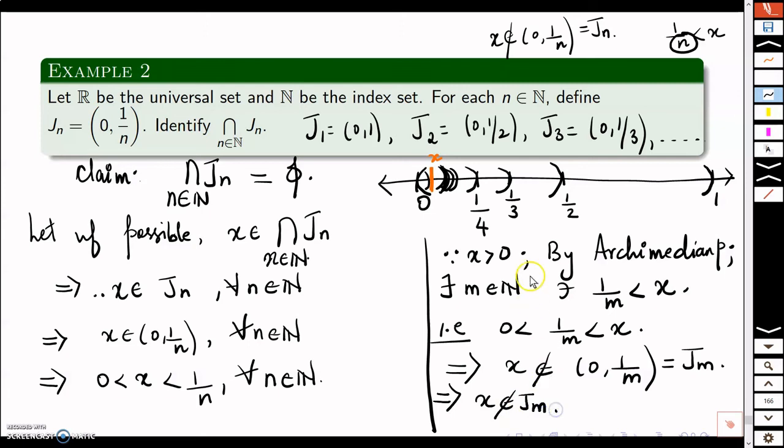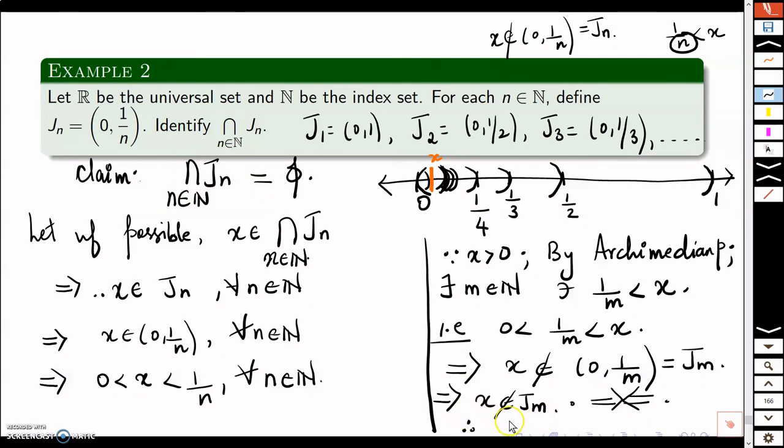So we have found a natural number m such that x is not there in Jm, but that's a contradiction because x was there in Jn for all natural numbers n. So this is a contradiction. Now why are we getting this contradiction? Because we assumed that this intersection is a non-empty set, right?